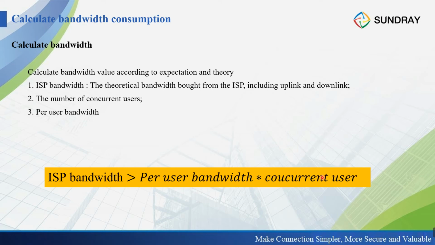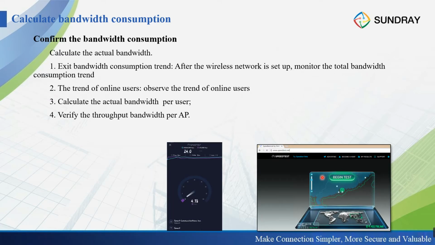From this, we can know the ISP bandwidth that we need for this network. And also we can confirm the user bandwidth with this testing tool, especially when there are a lot of concurrent users. We check if the speed is still enough.